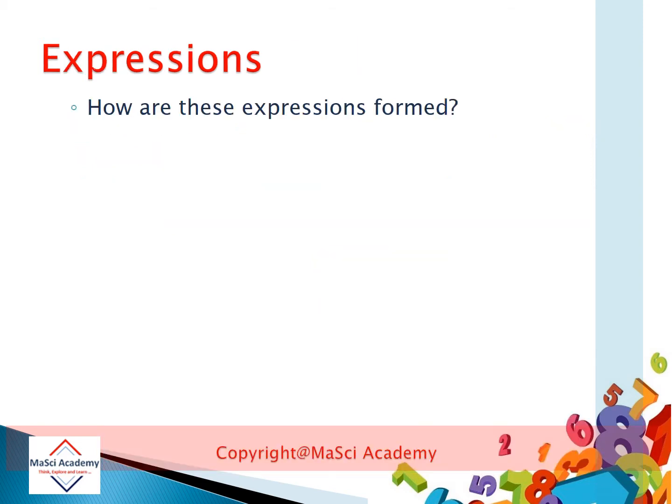Now let's see how these expressions are formed. That is, how to convert a given problem in English into an algebraic expression that gives us a generalized rule to solve the problem. First, consider the phrases that involve addition.